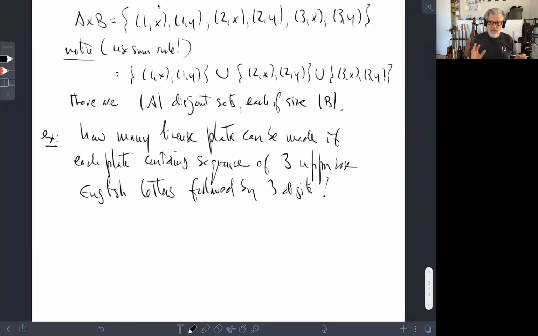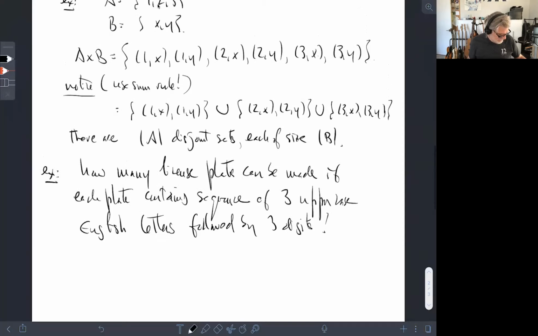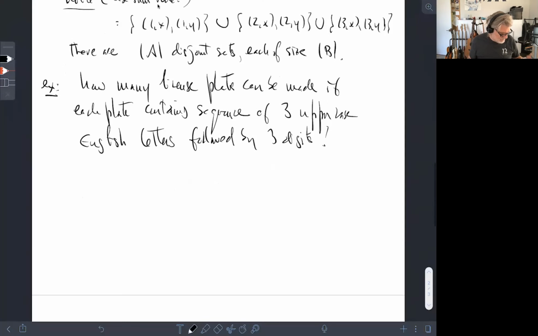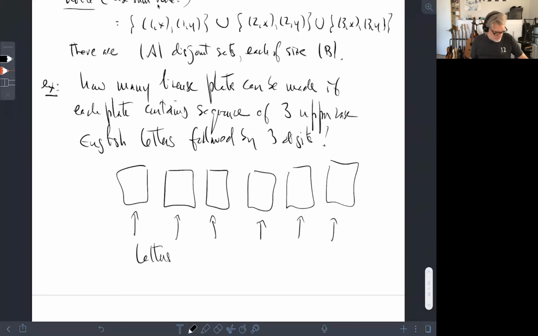In counting problems like that, you have to be careful. So that's why I'm giving you little very formal tools that you can always fall back on when things don't work out. So here's the situation. I have license plates that look like this. There are clearly 6 symbols. These are letters, and these are digits.